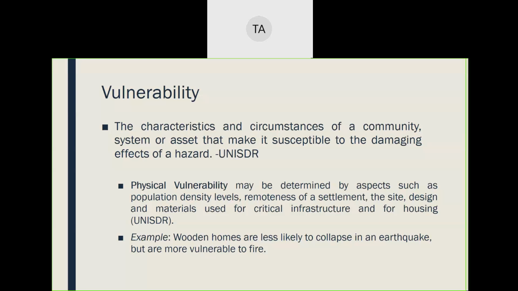Sir, when we are talking about vulnerability, we always have to compare the same amount of hazard, for example an earthquake. Of course. If you want to compare two different objects, two houses, or two individuals, then first of all you have to assume the remaining situations to be the same.